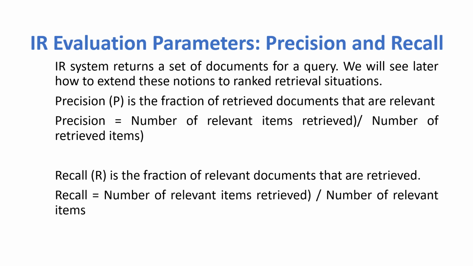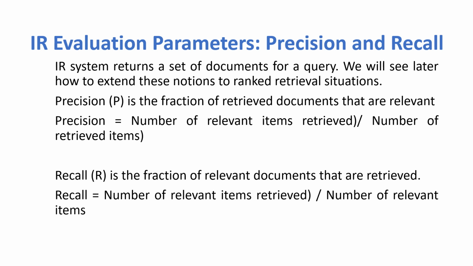That is the denominator. The number of retrieved items is 100, out of which not all 100 may be relevant to the user's query. Some may be irrelevant. Let's say only 60 web pages are relevant out of the 100. That is the numerator: the number of relevant items retrieved divided by the number of retrieved items. That's what precision means.